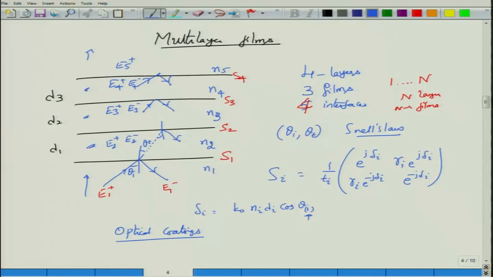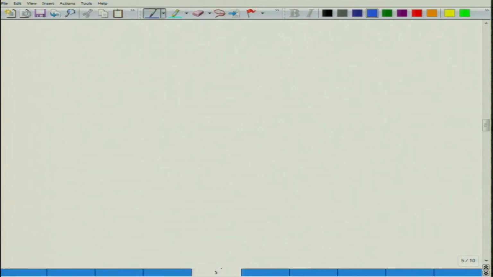But very quickly I will tell you what types of multilayer films are used. For more details I will give you references which you can refer to. If you look at the single layer reflection, you would see something like this.